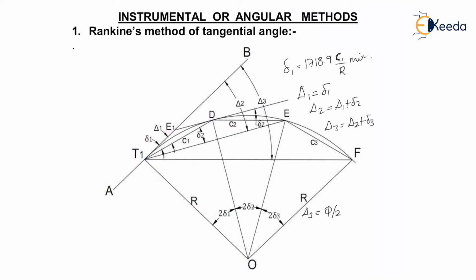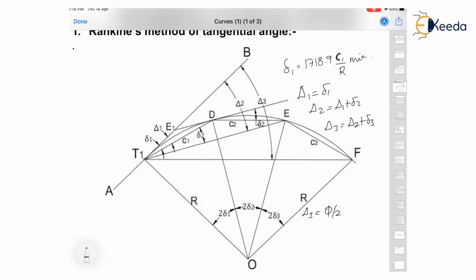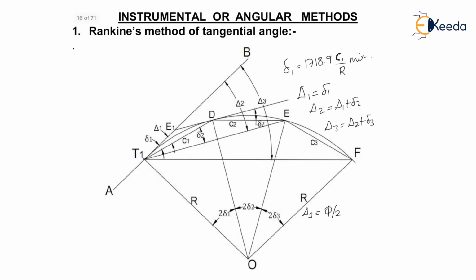The procedure of setting out these curves is: first set up the theodolite over the first tangent point, that is your T1 point, with both the plates clamped at 0. As we know, in a theodolite we have two plates, an upper plate and a lower plate, so both the upper clamp screw and lower clamp screw we have to set at 0.